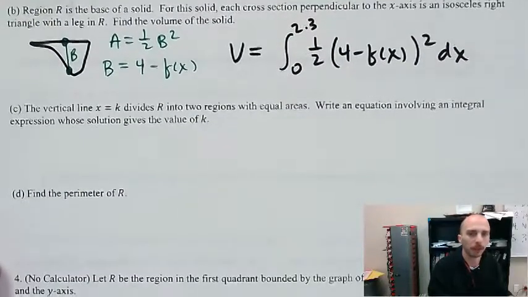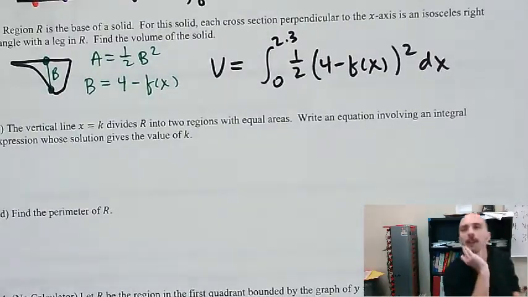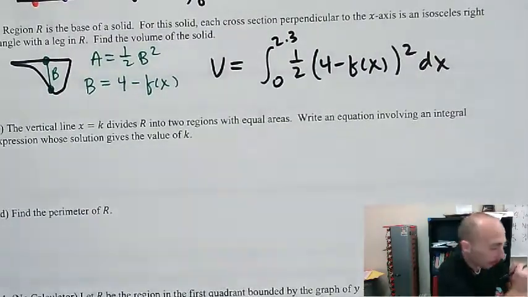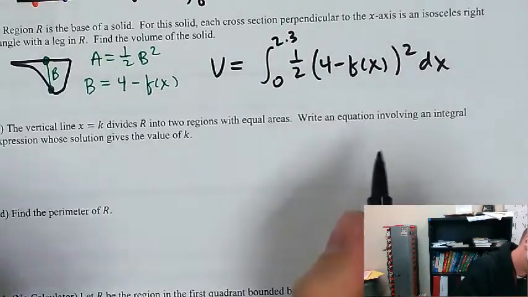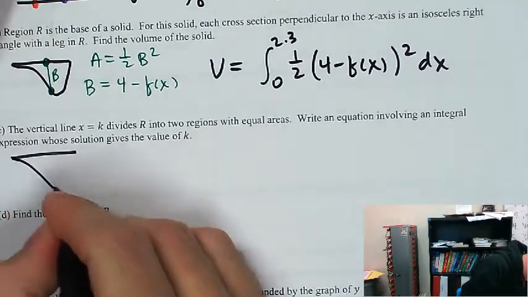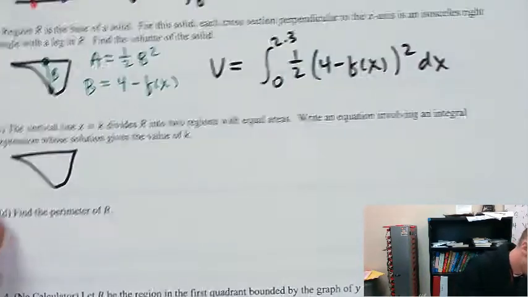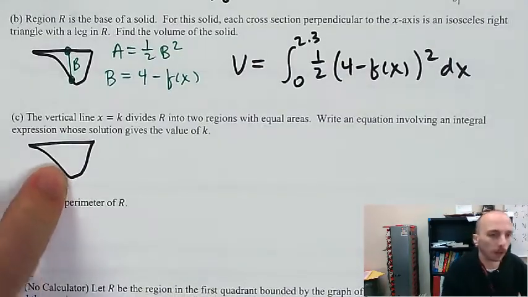Here's another: split it into equal areas. You can see they're not that creative with the area and volume free response questions. It's a very limited set of things they're going to ask you about. So, okay, just write it one more time. And x equals k, that's going to be a vertical line.